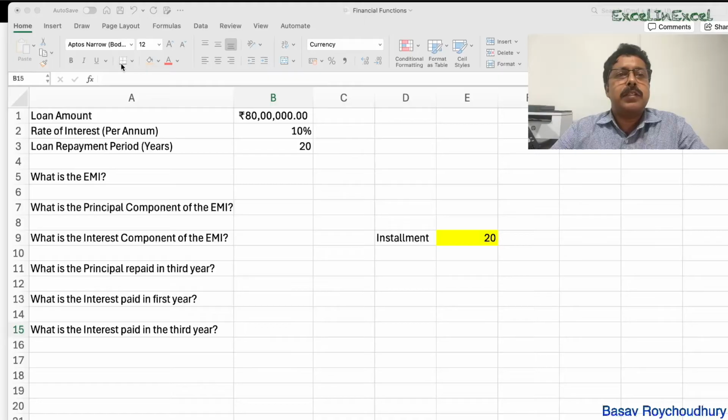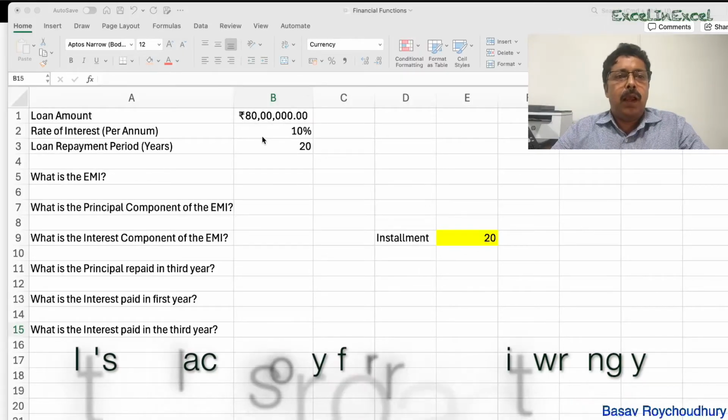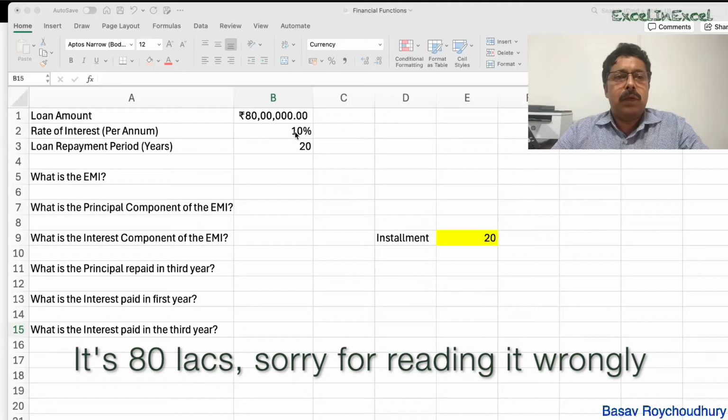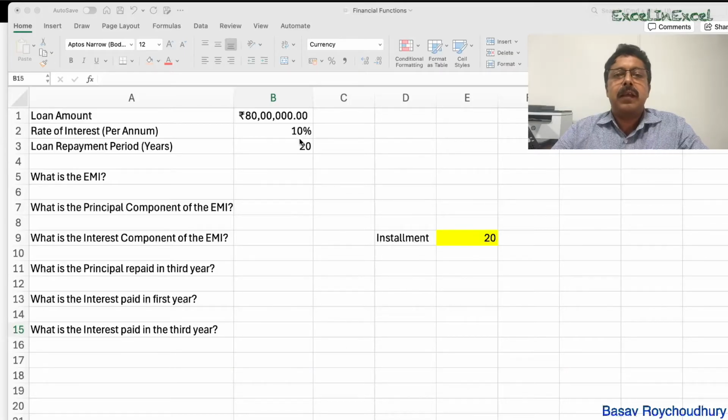Now, in this case, as you can see, let's say there's a loan amount, which is 80,000 rupees, and the rate of interest per annum is say 10%, and the loan needs to be repaid in 20 years.